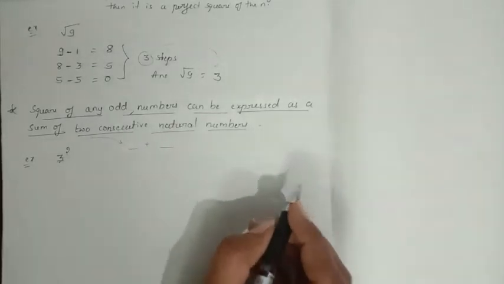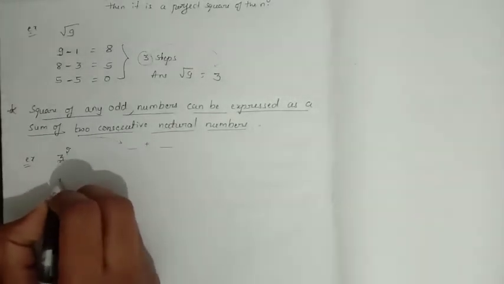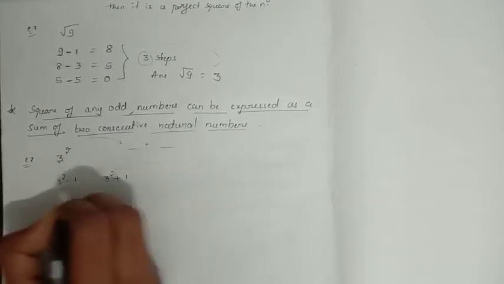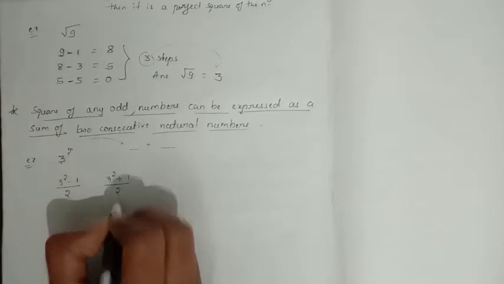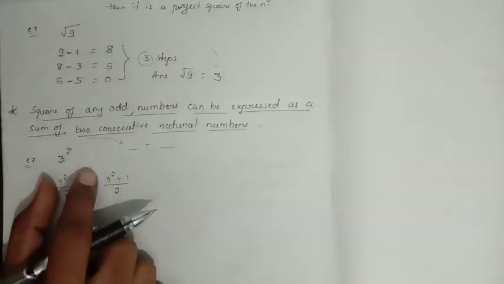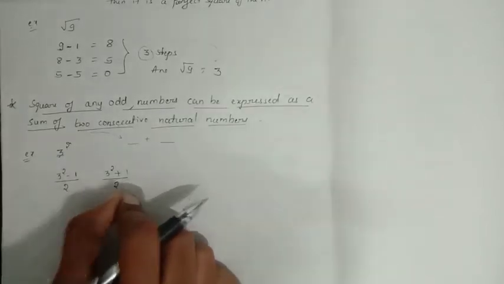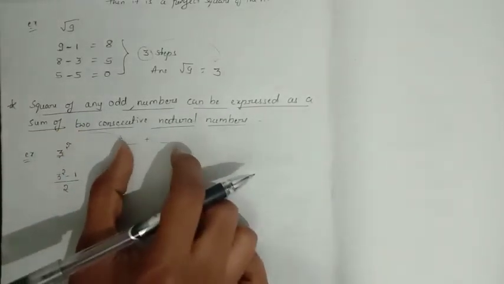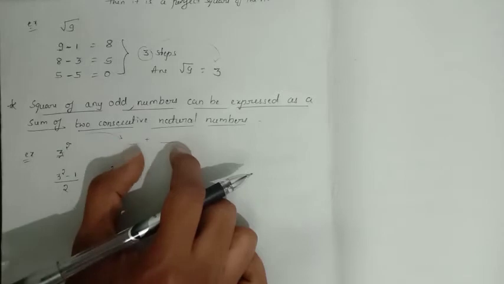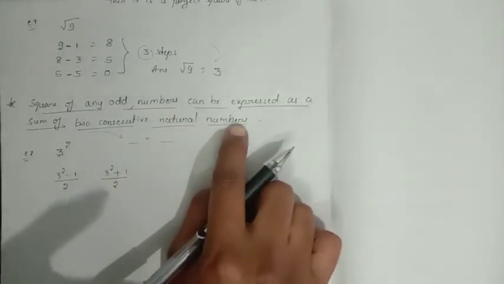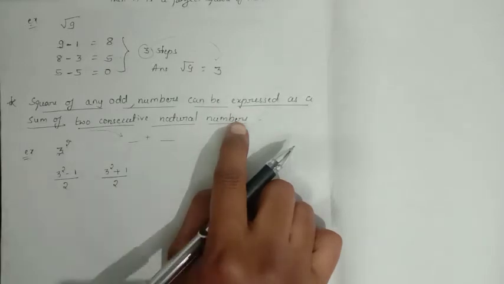There is a method what you have to do. Once 3 square minus 1 divided by 2, and once 3 square plus 1 divided by 2, because we have to represent this number as the sum of two consecutive natural numbers. Natural numbers include counting numbers, 1 to infinity.